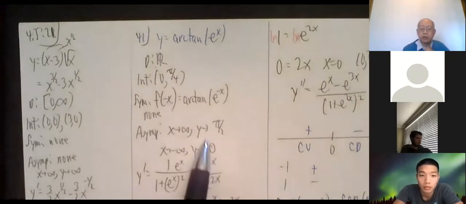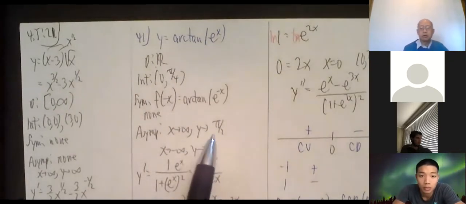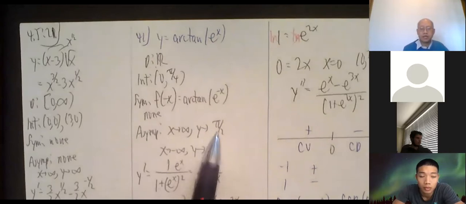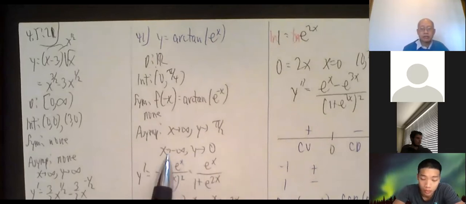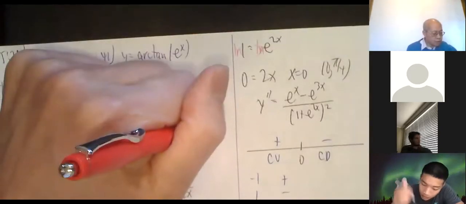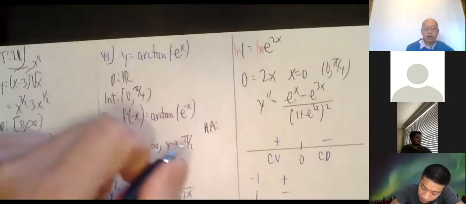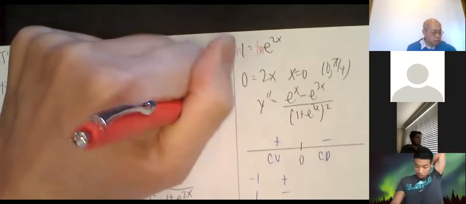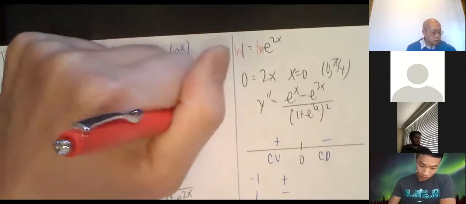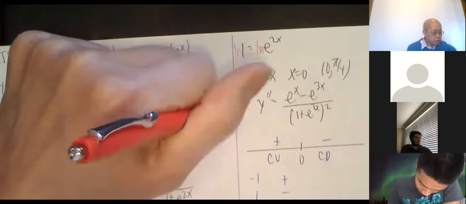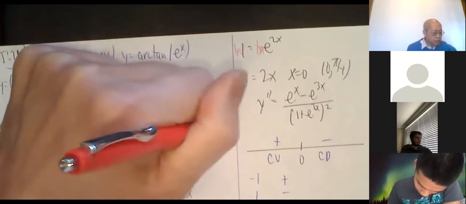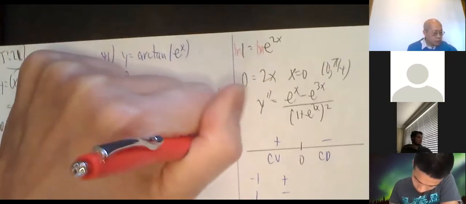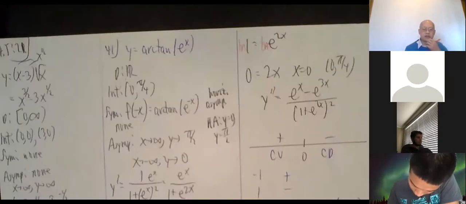So y approaches pi over 2 if x goes to infinity, and when x approaches negative infinity, y approaches 0. So I have two horizontal asymptotes. I'll abbreviate horizontal asymptotes with HA. Horizontal asymptotes: y equals 0 and y equals pi over 2.